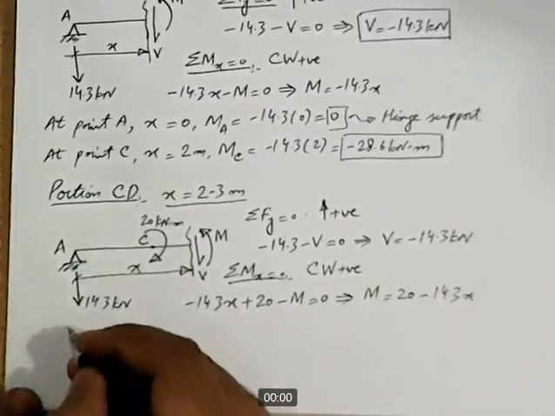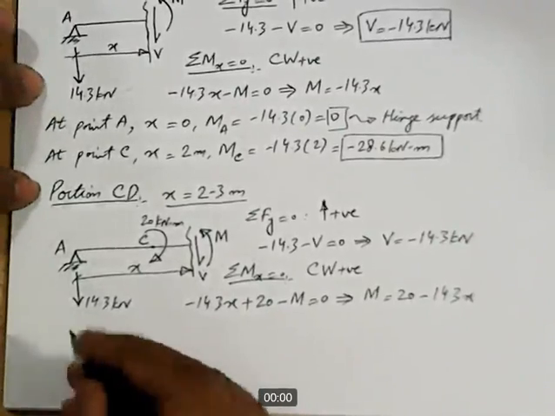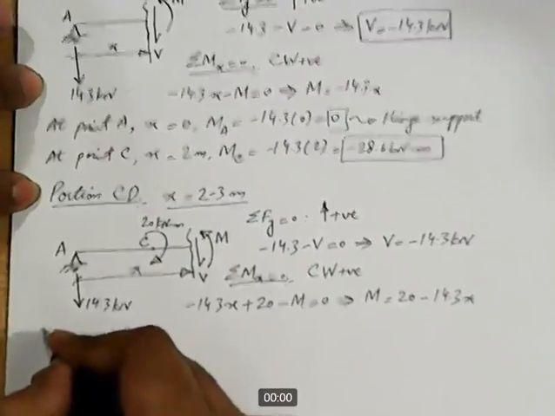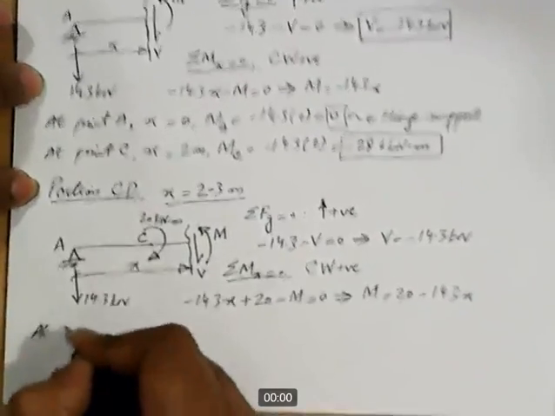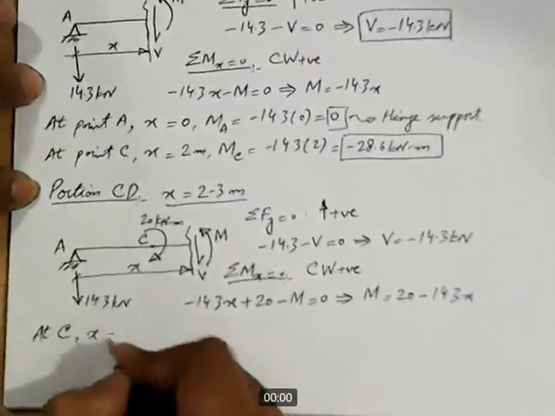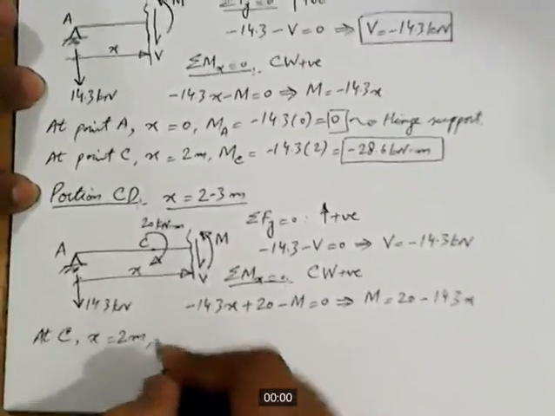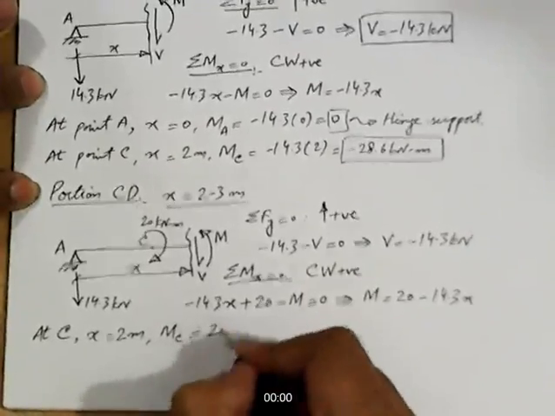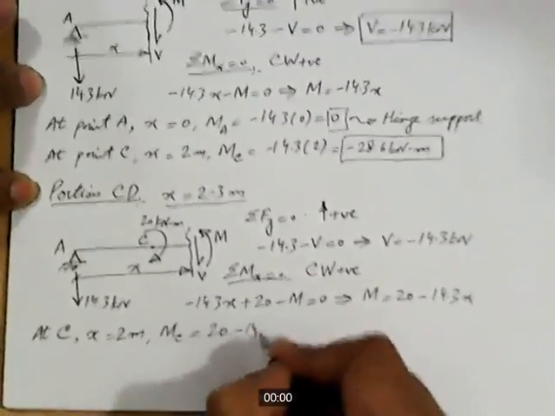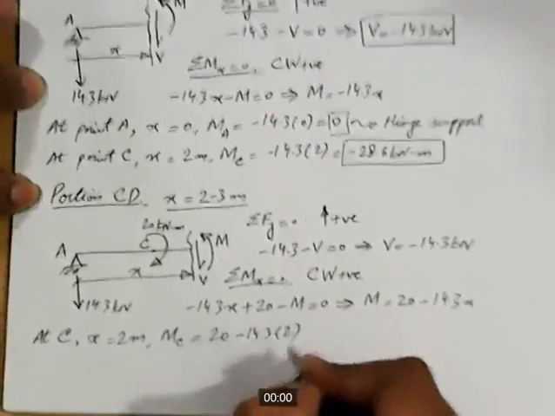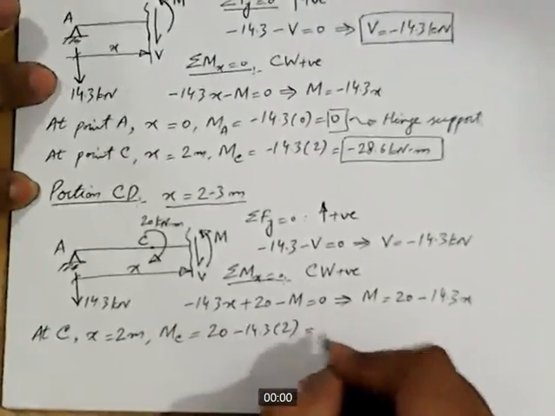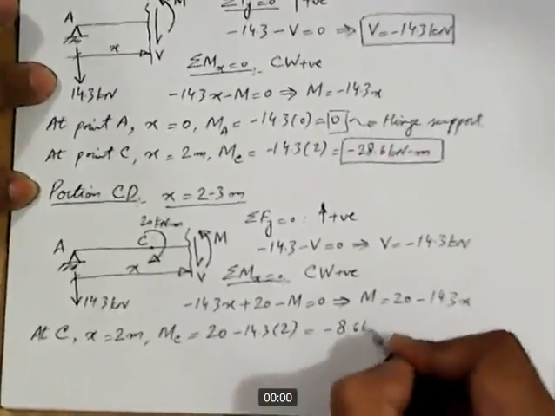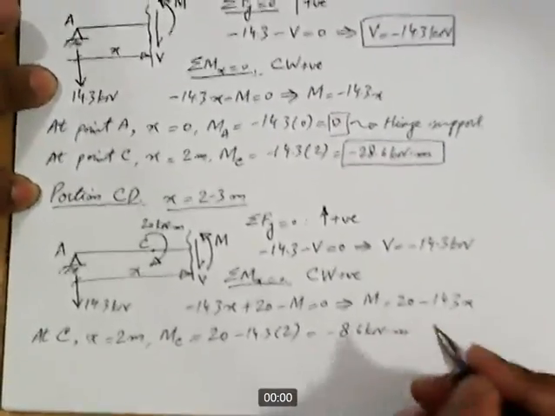So we will consider it for both the points. We will calculate it. At point C, X is equal to 2 meters. So MC is equal to 20 minus 14.3 into 2, and that comes out to be minus 8.6 kilonewton meter.